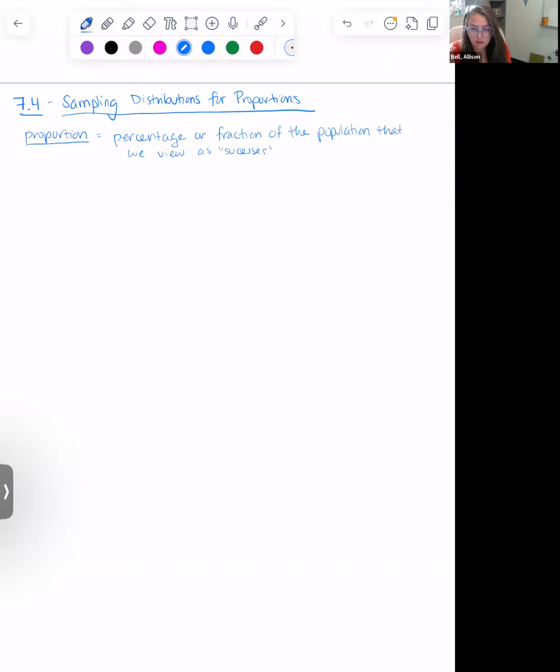A proportion is always used in an example where there are only two answers to the question. It's like a yes or no question. So the proportion that we view are basically the people who answered yes to the question.